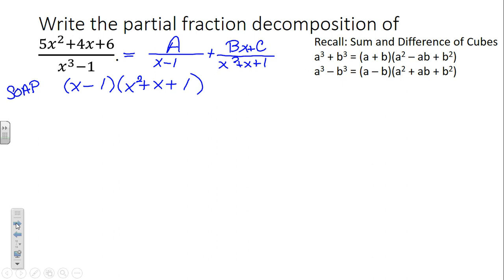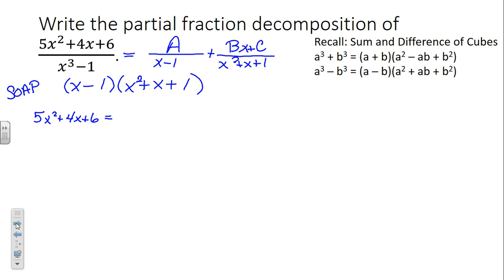So if you can take the shortcut, if we multiply everybody by x cubed minus 1, that's going to eliminate the denominator here, right? So we'll have 5x squared plus 4x plus 6 equals, what does A have to be multiplied by?